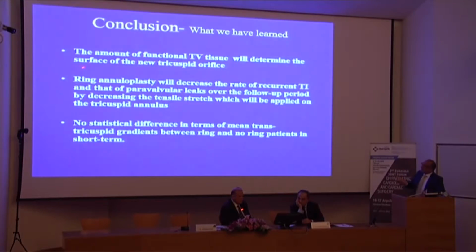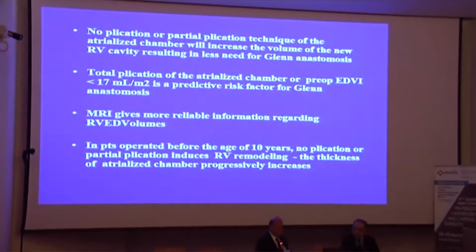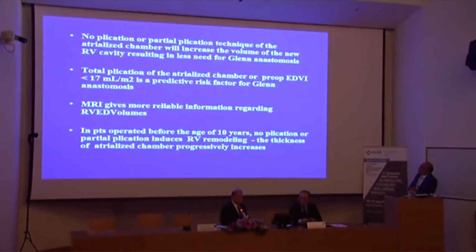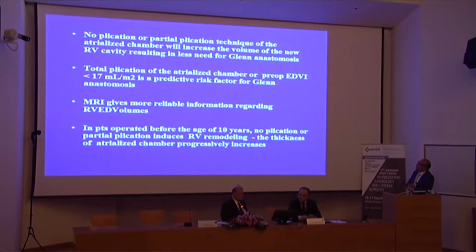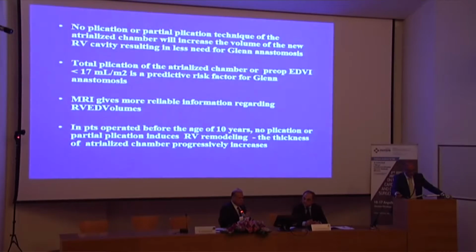Second, the ring annuloplasty, because in some of my cases I didn't put in a ring, and then I noticed that the ring annuloplasty decreases the rate of recurrent tricuspid insufficiency and that of paravalvular leaks over the follow-up period, probably by decreasing the tensile stretch which will be applied on the native tricuspid annulus. And then no plication or partial plication technique of the atrialized chamber will increase the volume of the new right ventricular cavity, resulting in less need for Glenn anastomosis.